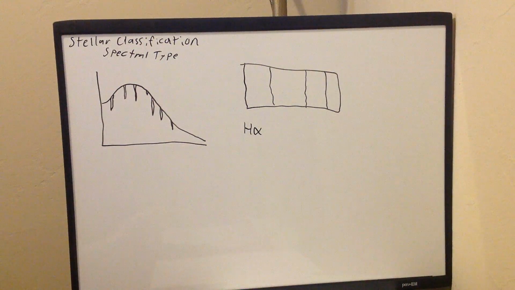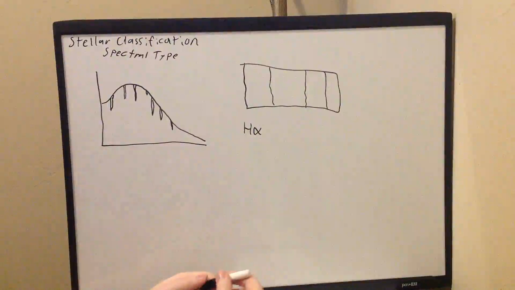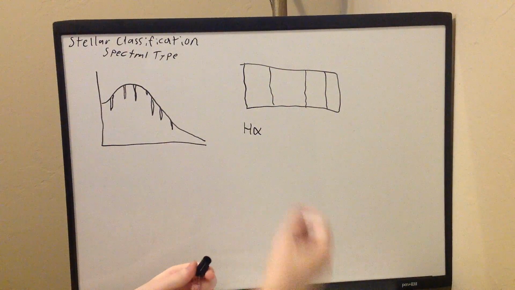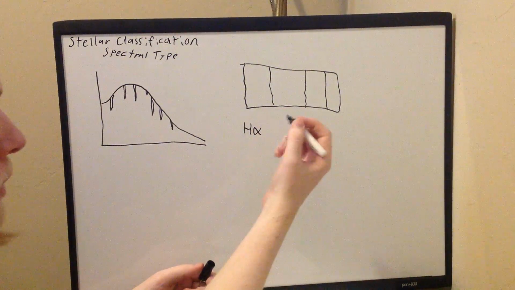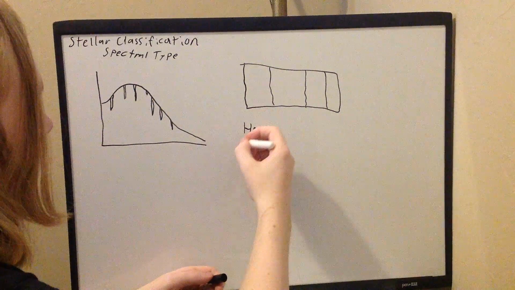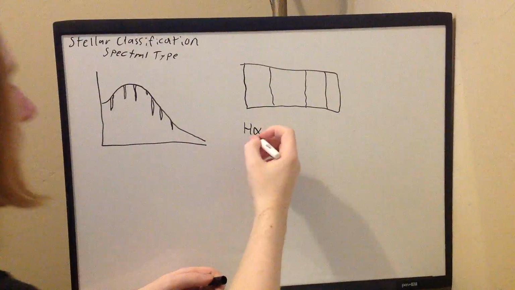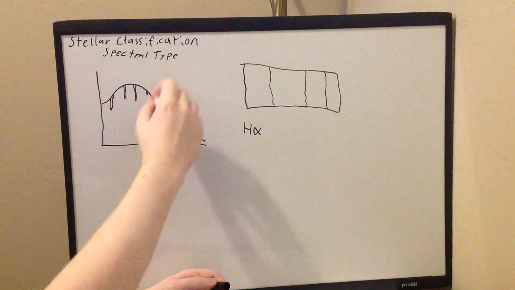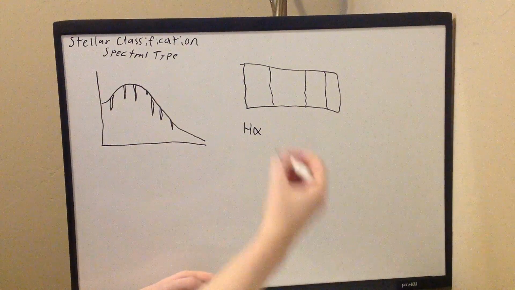Now, in the early 1900s, when astronomers were starting to look at the spectra of stars, some people, I think one person, I don't remember his name, came up with a way of classifying stars based on the strength or the depth of their hydrogen alpha line.